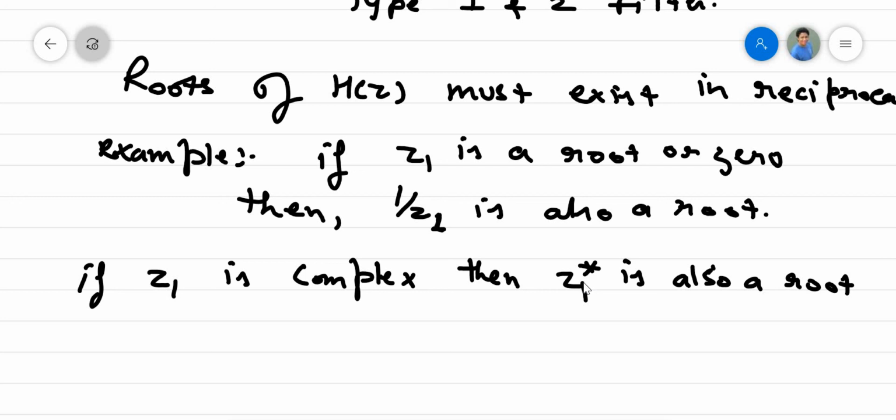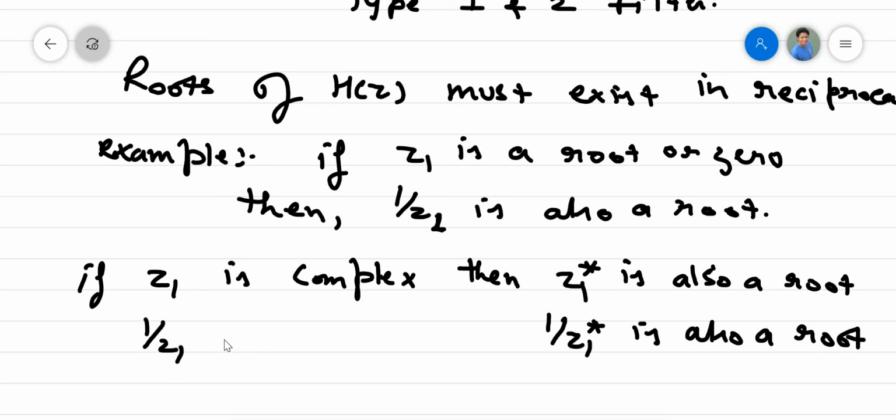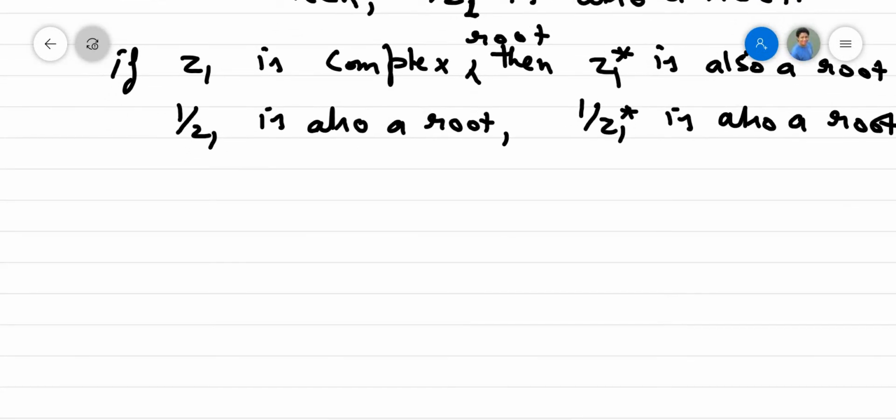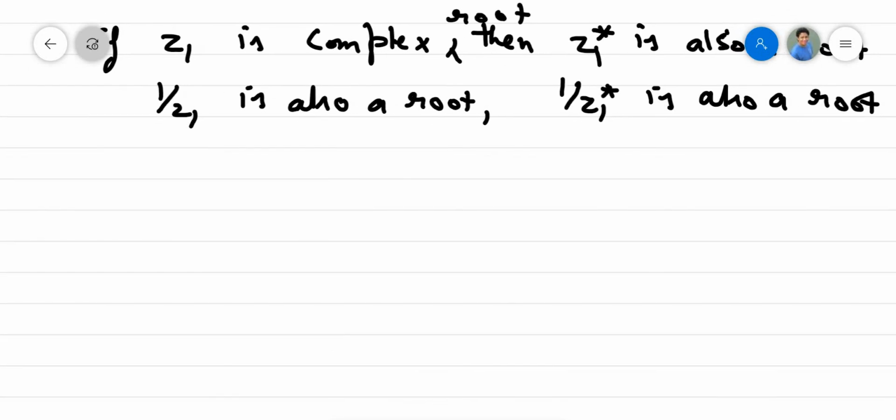As a consequence, 1 by Z1 conjugate is also a root, and 1 by Z1 is also a root.